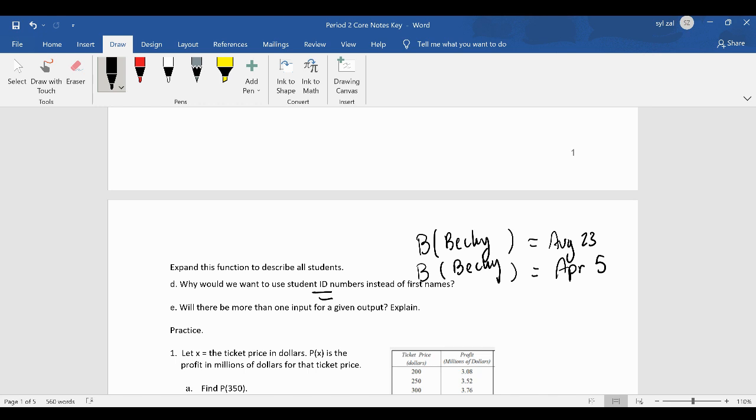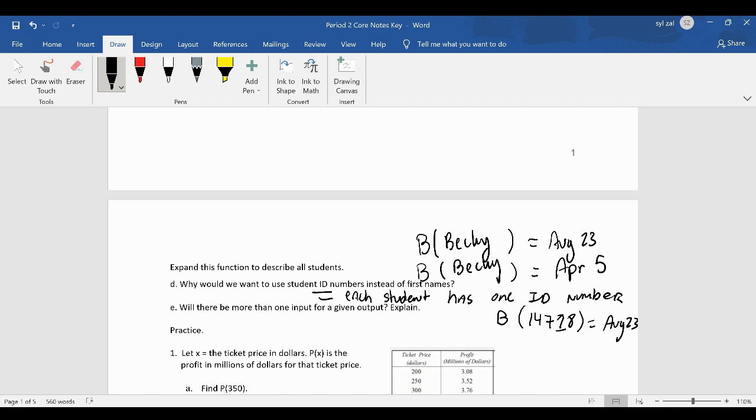Each student only gets one ID number. Let's say we know that the first Becky's ID number is 14718, just making up a number here. That would be August 23rd, right? Then we specifically know that this birthday belongs to that first Becky.